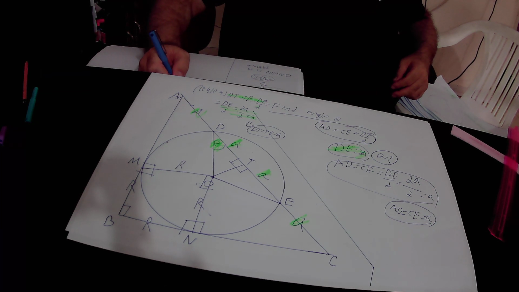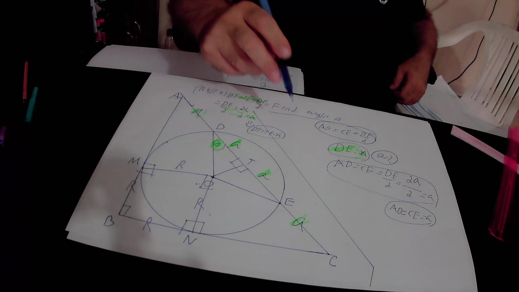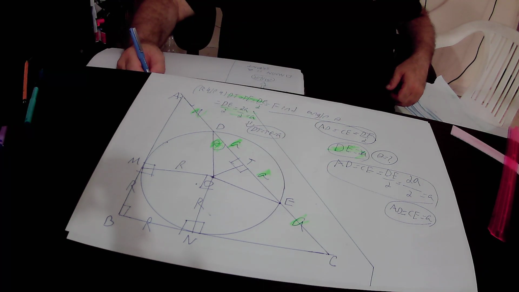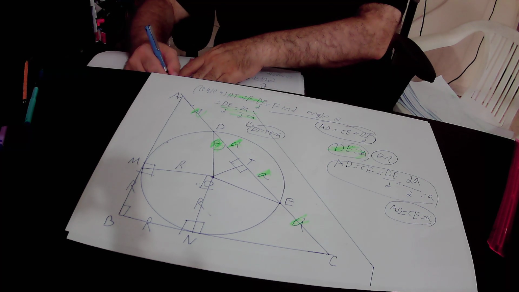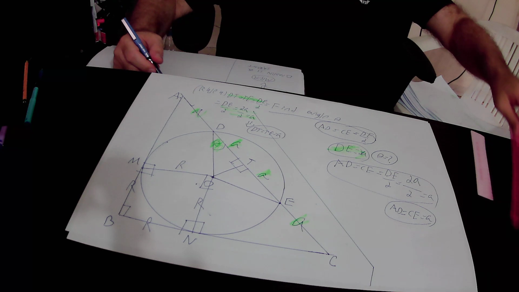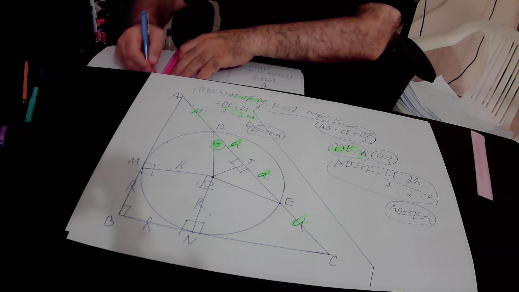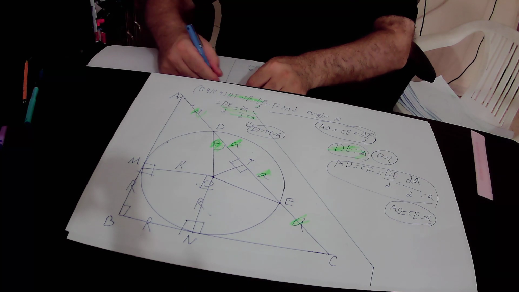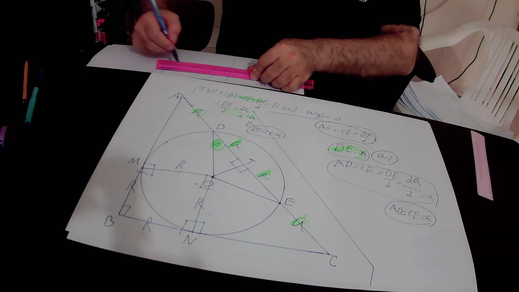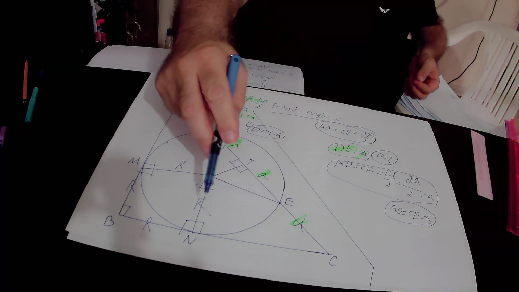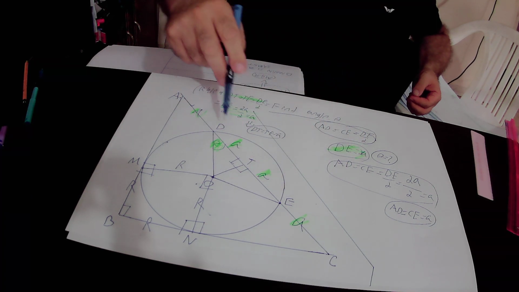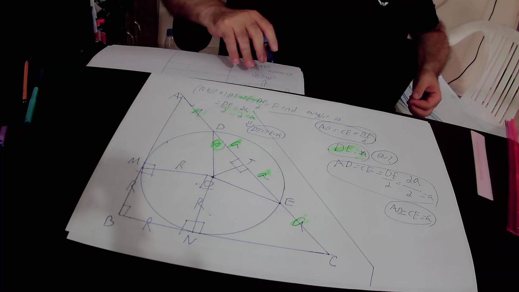Because in our drawing, if we focus on the external point C, from the external point C we have tangent CN to the circle, and we have the straight line that intersects with this circle at points E and D. Therefore we can implement here rule number 10.